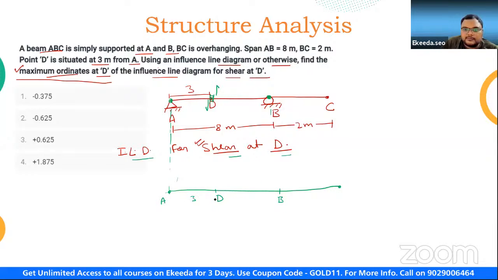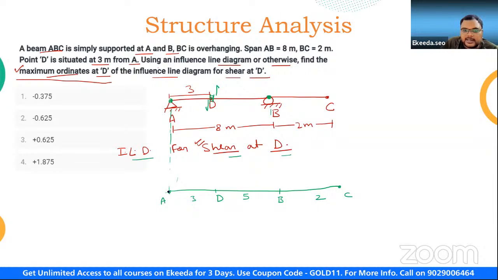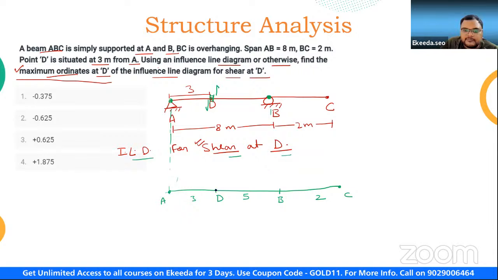This is 3, this is 5, and this is 2, and this is point C. Now, how to draw the influence line diagram in this case? See here, if I have to take this point down and here I have to keep it 0, and here I have to take this point up and here I have to keep it 0. So if I have to take this down, I will take this down and I will take it up, right? And then here it should be 0.